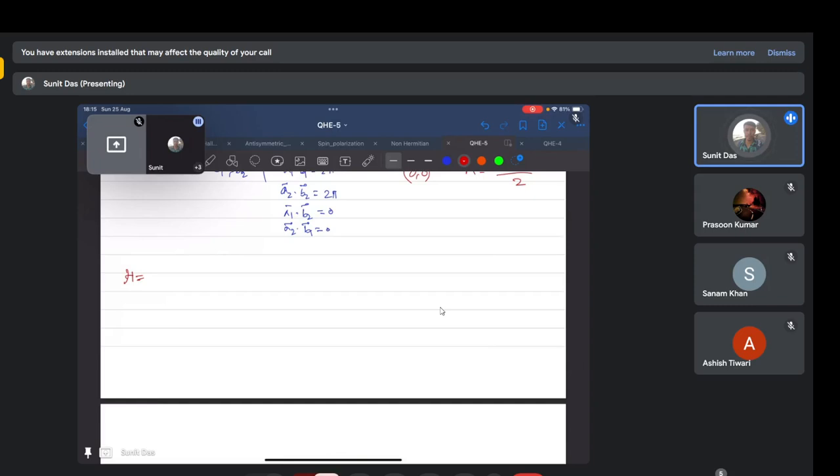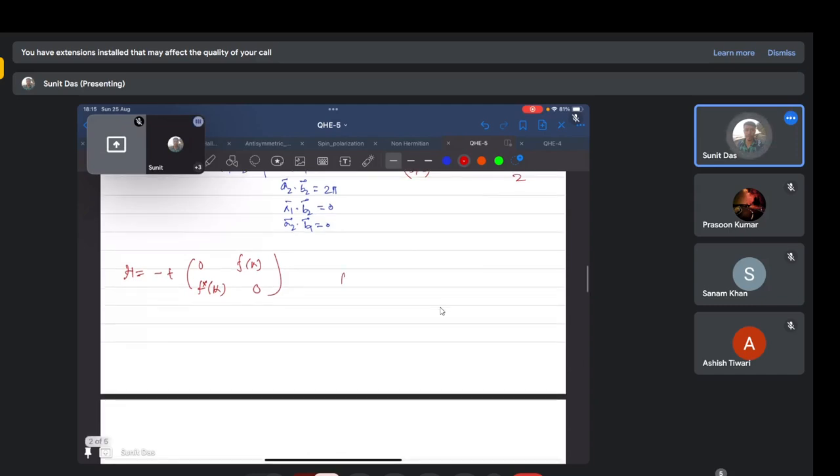So we had the tight binding Hamiltonian as minus t times the matrix 0, f(k), f star(k), 0, and f(k) was e to the power minus i kx a plus 2 e to the power i kx a by 2 and cos ky root 3a by 2.